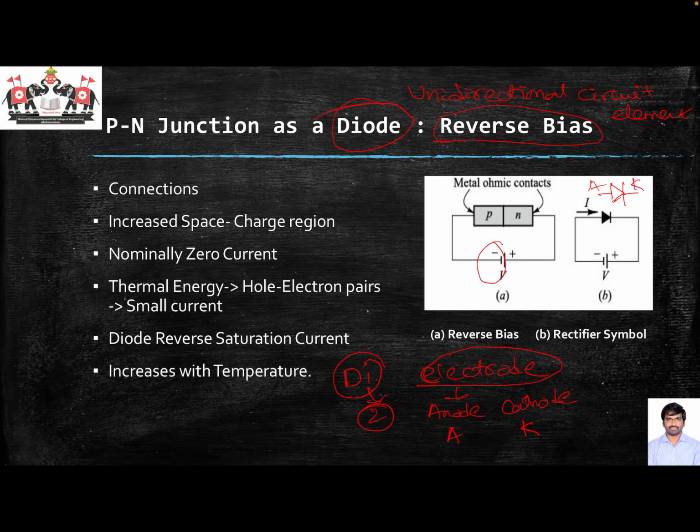So we have more uncovered charges around the junction. Compared to a condition where we did not connect any external supply, the reverse bias condition will see more uncovered immobile charges. In other words, it is as if the space charge region has become widened, or the thickness has increased.